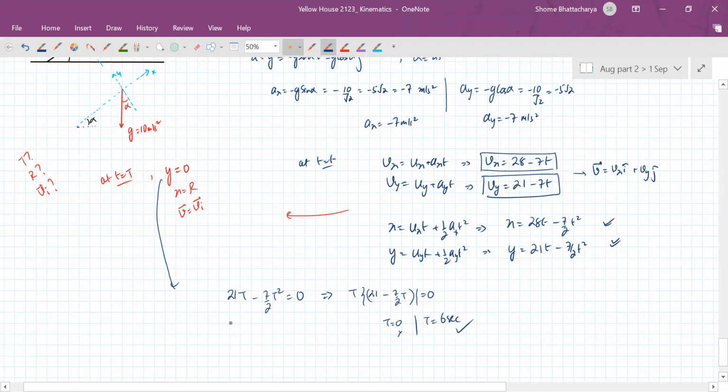Okay. So now the thing is that x is range at that time. So range will become the value of x at t equal to capital T. So from the first equation, you can see that 28 into 6 minus 7 by 2 into 6 square.